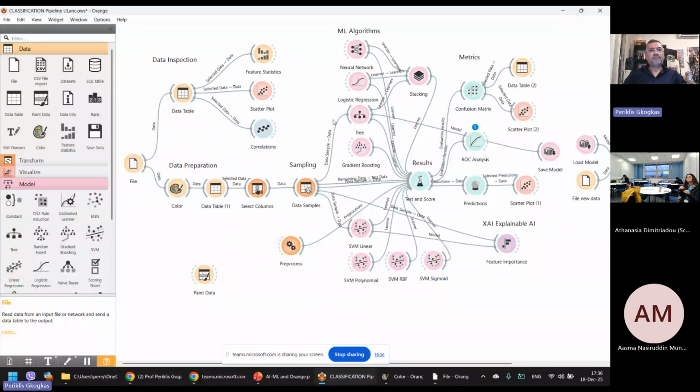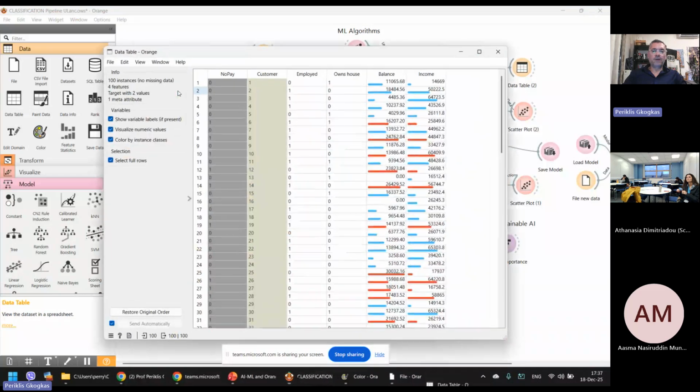So after the color, as I said before, we need always to graph the data, and this is what we're going to do in a few seconds. I go to this branch here where we can see our whole data set. Okay, as you can see, this is our dependent variable, no pay, with the different values, 0 for a good customer, 1 for a bad customer.